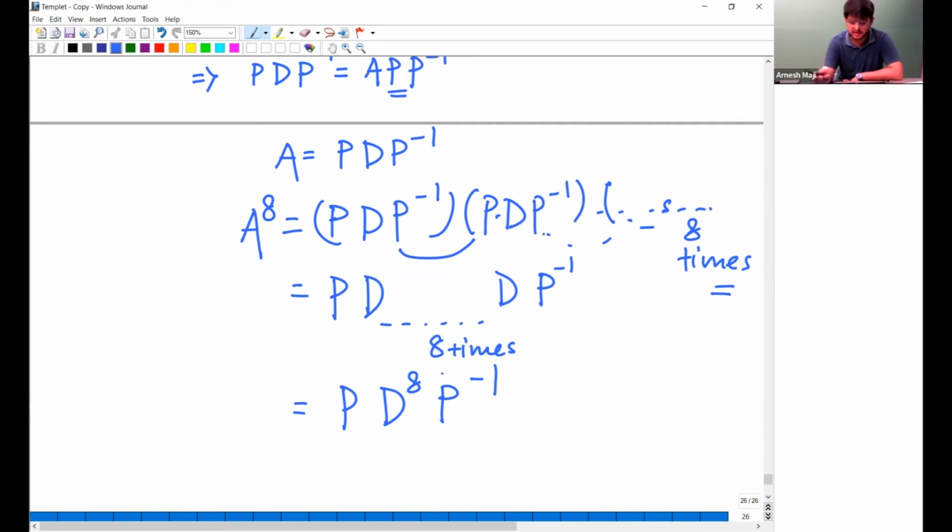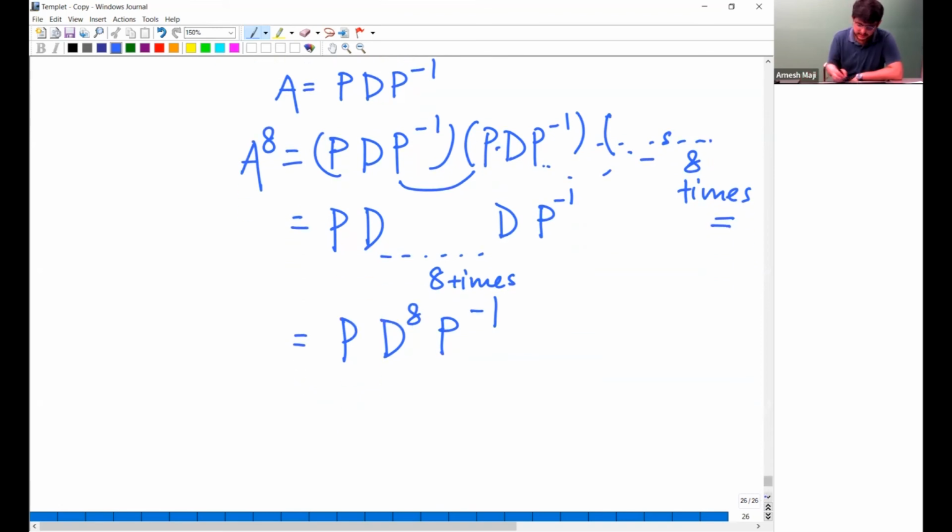What is the advantage of this? The advantage is that D is a diagonal matrix, and the 8th power of a diagonal matrix is the 8th power of all its elements. If I am not wrong, this was the matrix.